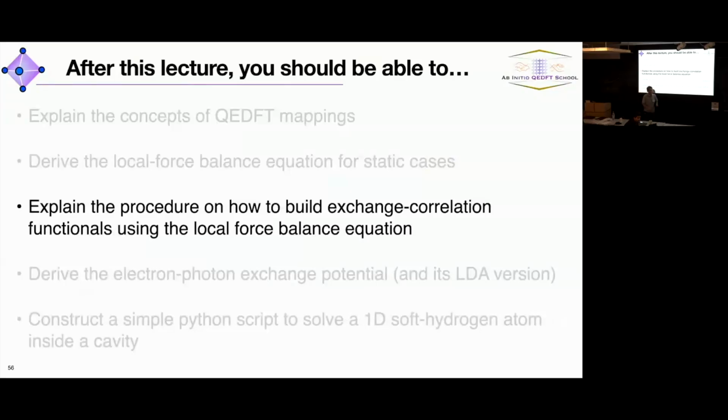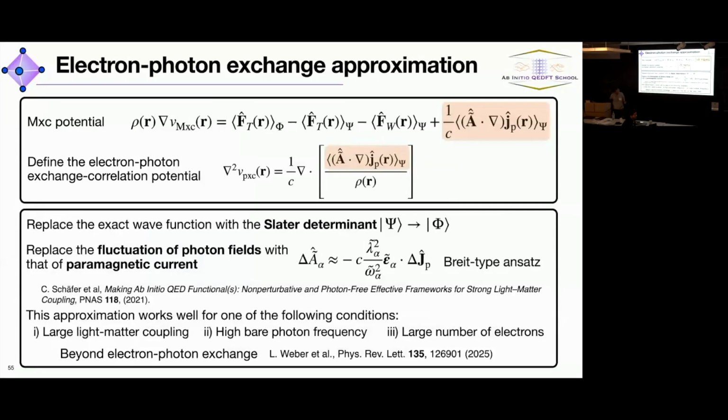In the last slide, was the capital psi the electron-photon exact wave function? This one? Yeah. So this one is an exact wave function. Basically, it contains the electron and the photon. But here, what we do is replace this wave function with just a matter Slater determinant. So this is one approximation we did here. And another thing is, once you replace this one, it becomes just a matter wave function.